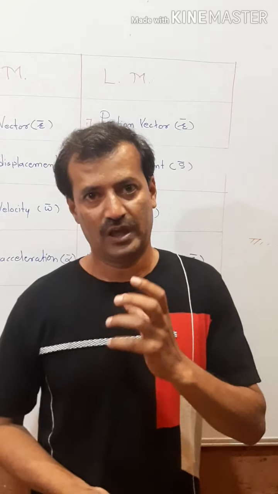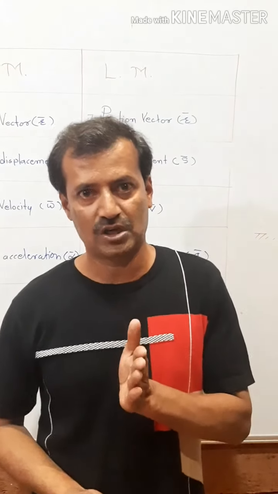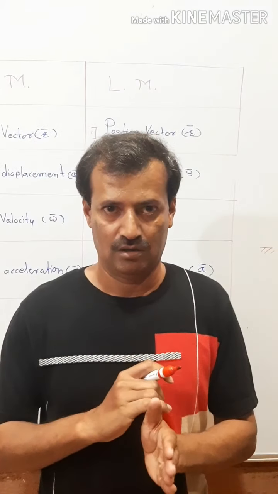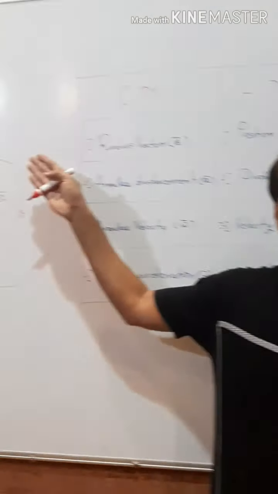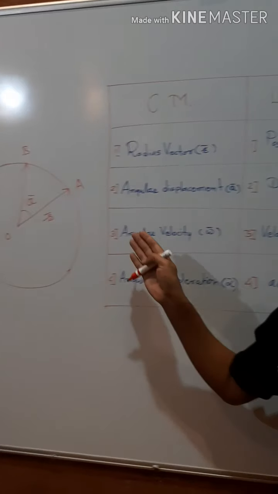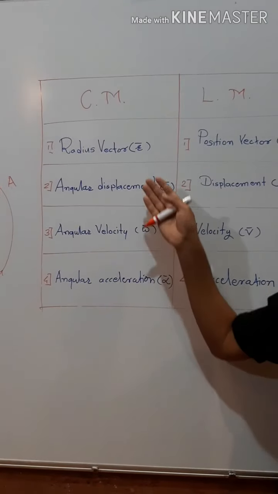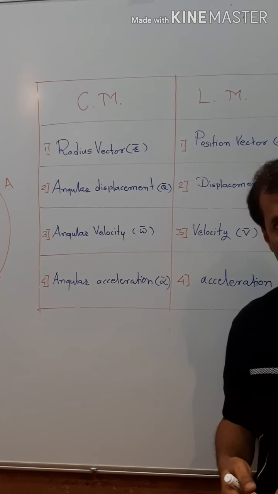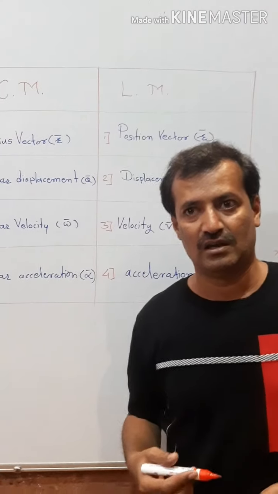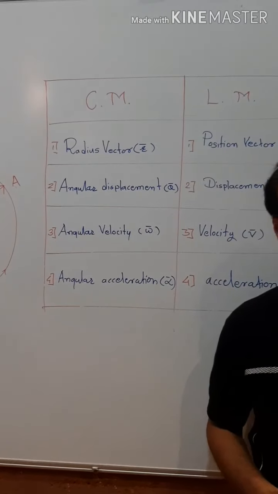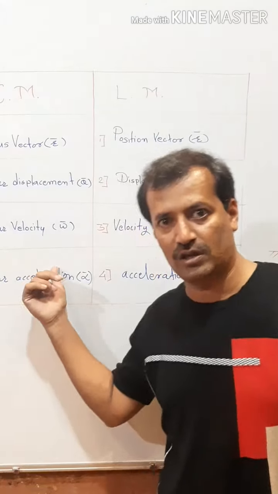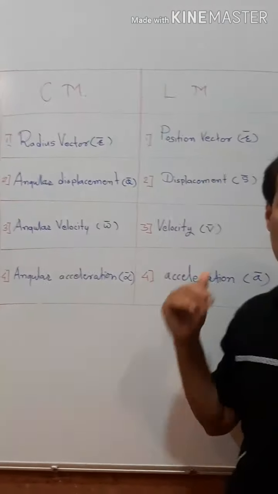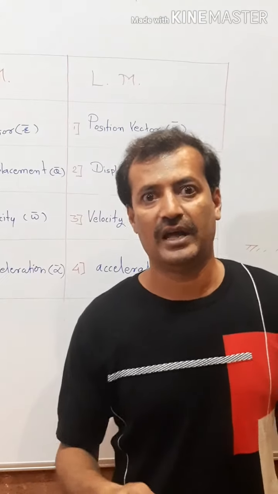If we compare the physical quantities from circular motion with linear motion, then we are able to know exactly the meaning of these quantities in circular motion, and therefore we are able to understand the kinematics. For a better understanding of the analogy between these two phenomena, let us see the next video.